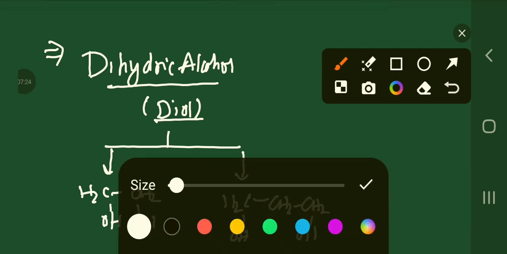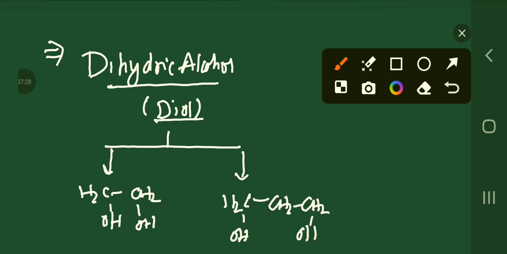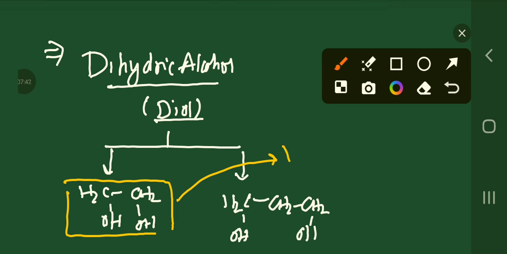But the basic difference between these two examples: in the first case you can see that two OH groups are attached with two consecutive carbon atoms. When such type of arrangement is observed, these alcohols are said to be vicinal diol.